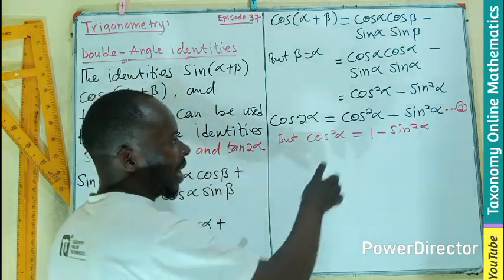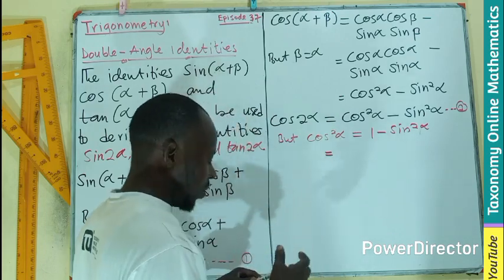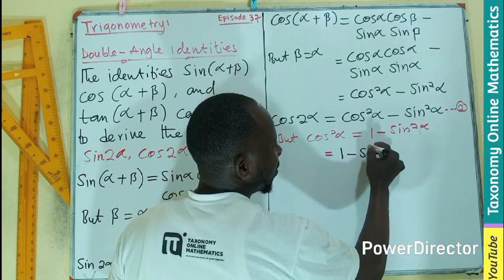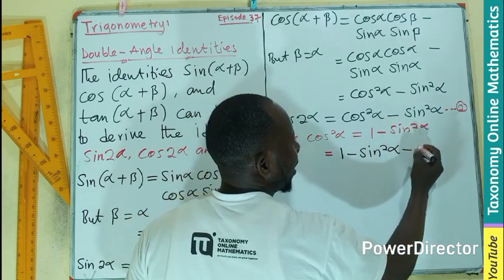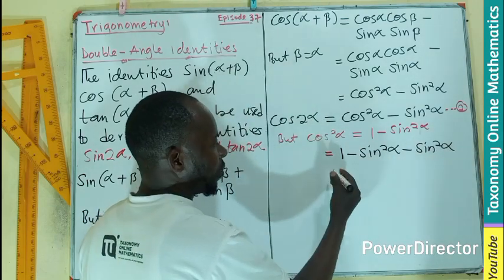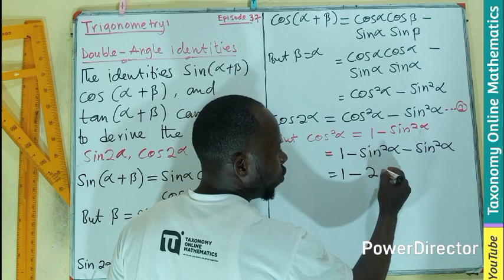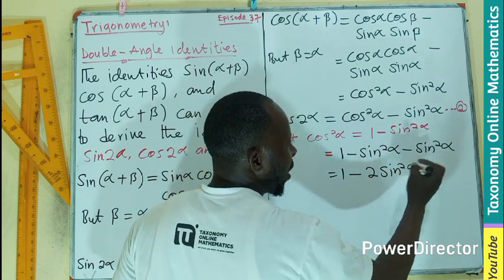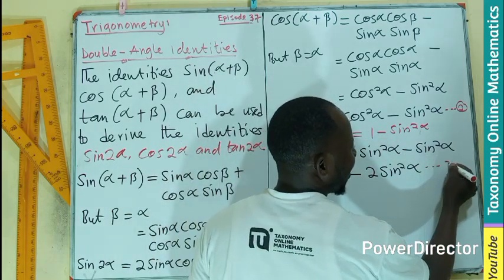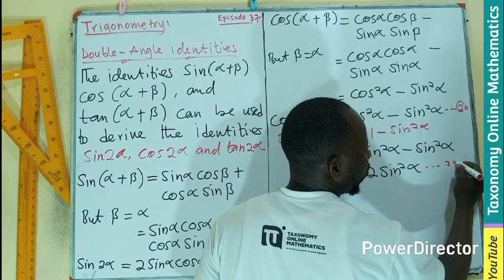If you have that, I can replace it, meaning I should be having 1 minus sine square alpha minus sine square alpha. This is equal to 1 minus 2 sine square alpha. I say this is 2a, and these are 2b.